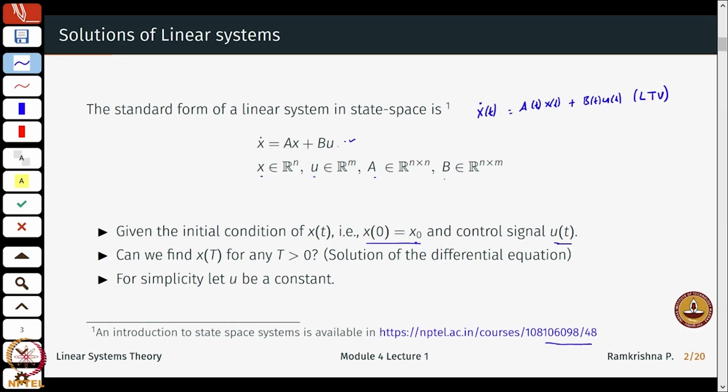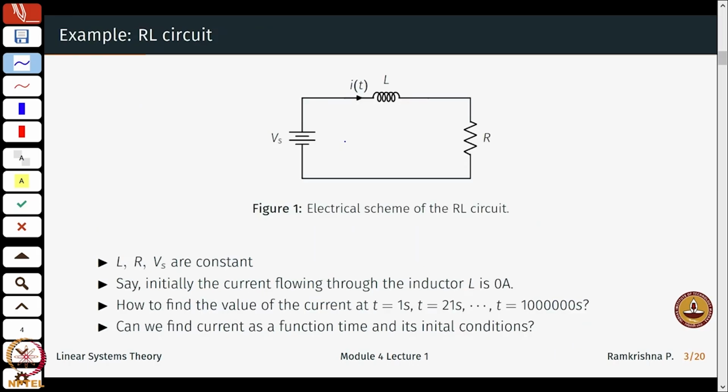So, let us begin with a little example to motivate our case, and also further simplify it by letting u be a constant input. Just like if I take a circuit like this, V will just be 1 volt or 2 volts or whatever. So, in this system, I will have an RL circuit with a constant voltage input, and what is given to me are L and R, which are the constant parameters of the system, and the input voltage.